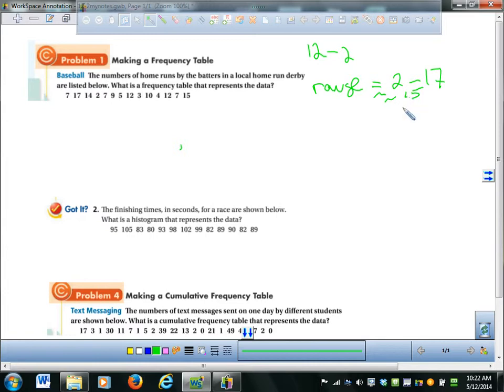So what I'm going to do is round up. If I want to make 4 categories, I'm going to make a little table. Over here I'm going to put home runs, and then I'm going to start at the bottom of the range.